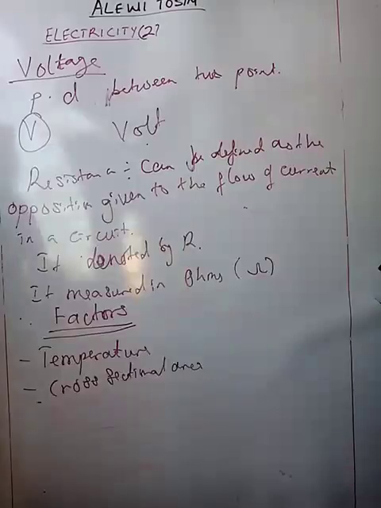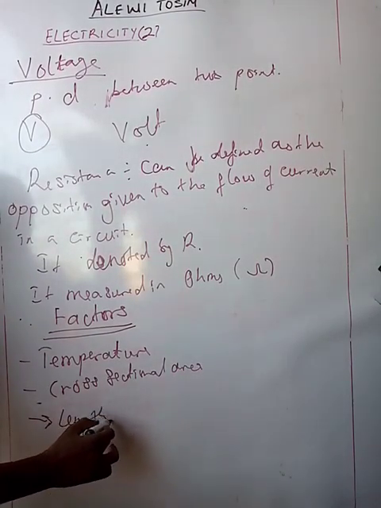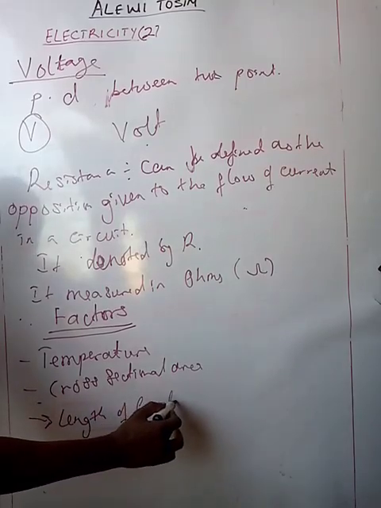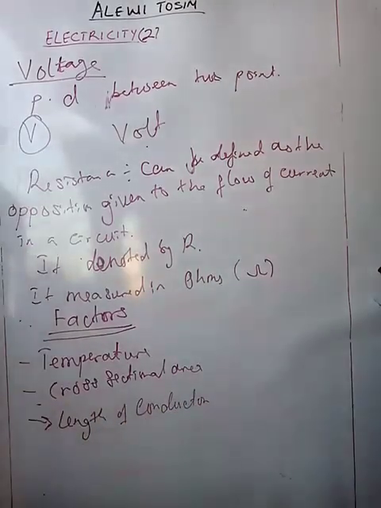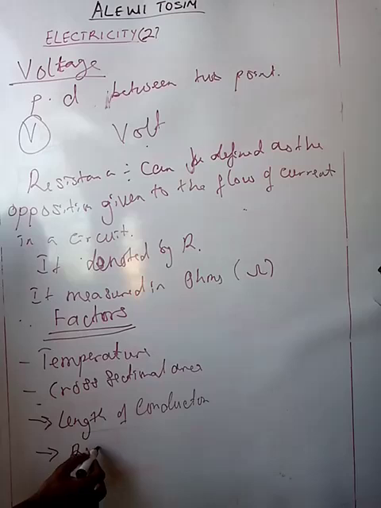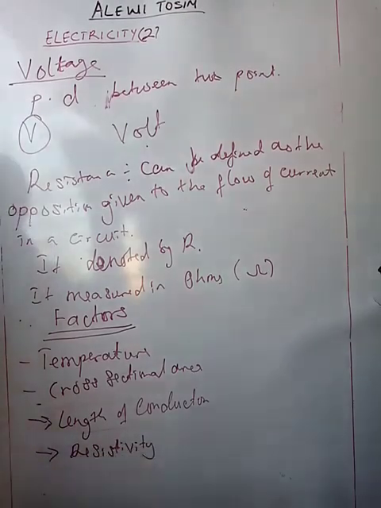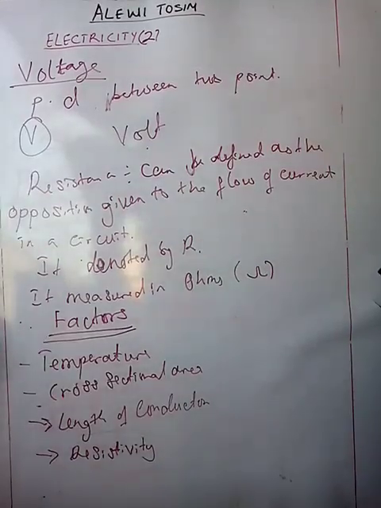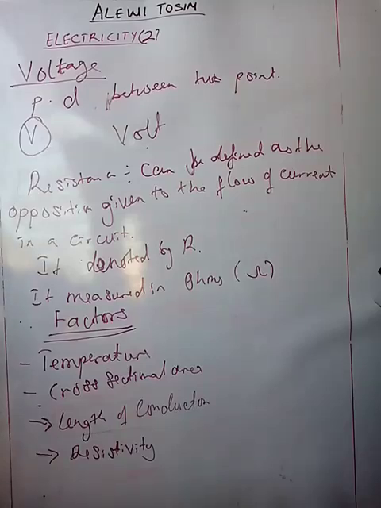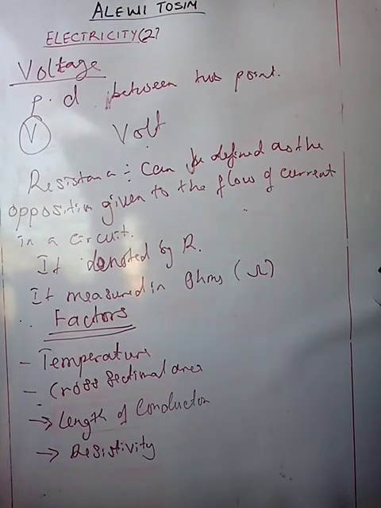Number three is the length of conductor. And the last one is resistivity. So those are the factors that affect resistance: temperature, cross-sectional area, length of conductor, resistivity. We'll continue from there in our next class to explain further.